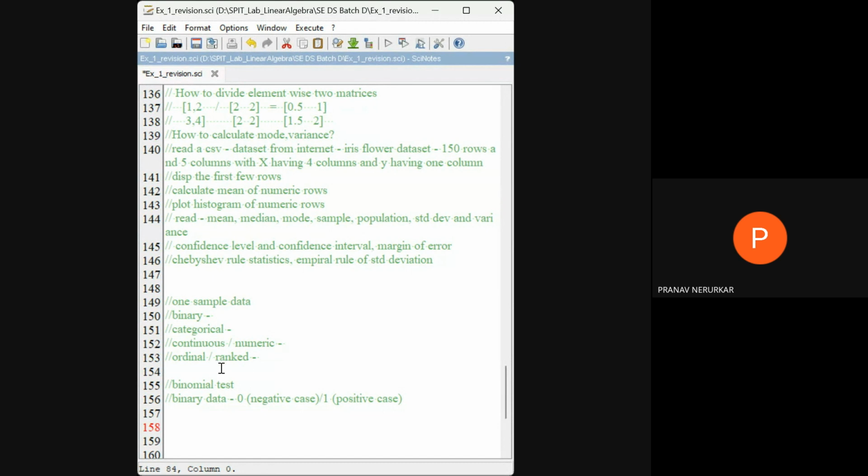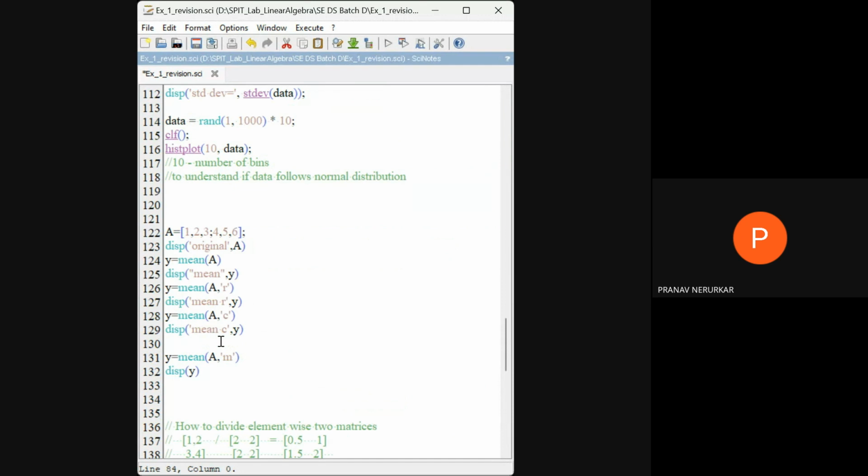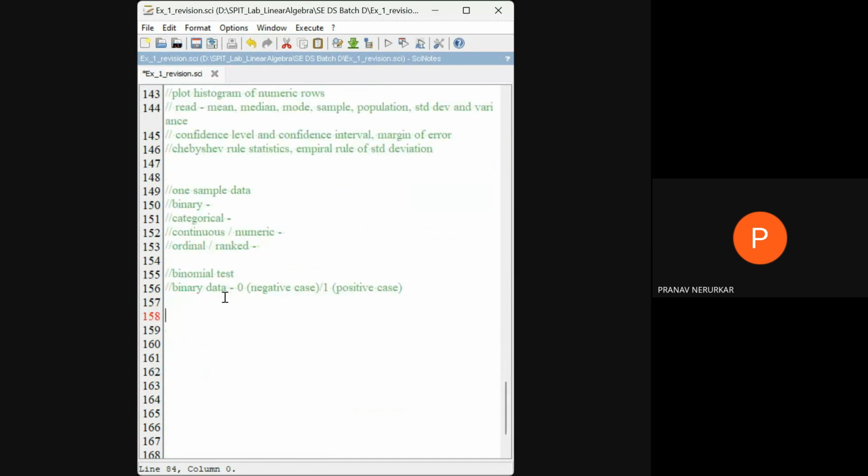In other programming languages, maybe there are inbuilt functions available which can give us the answer. Like in Python, there will be statsmodels or scipy library. In Scilab, with the use of functions, we can understand how this test is written.